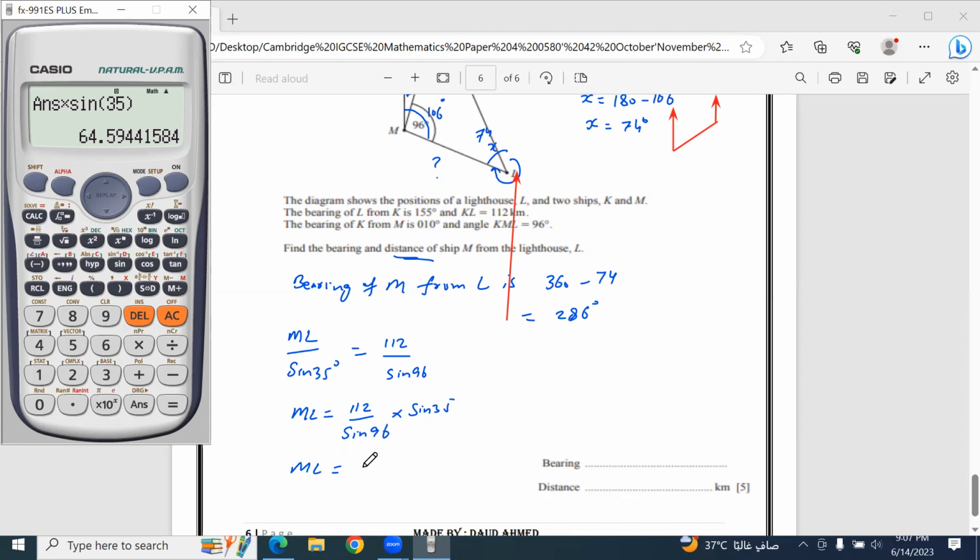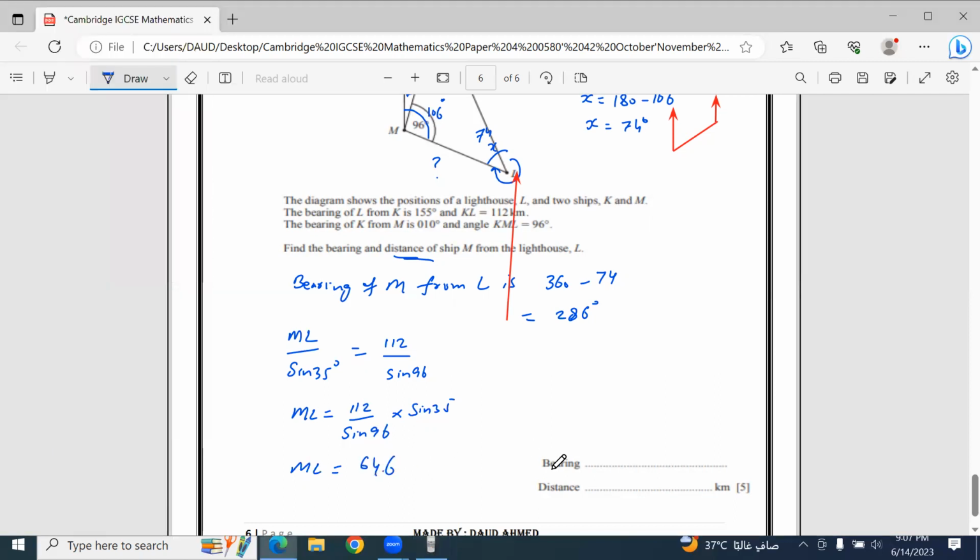Three significant figures, 64.6. So here we have the answer. The bearing is 286. Always write it in three significant figures, or three digits. And here the distance is 64.6 kilometer.